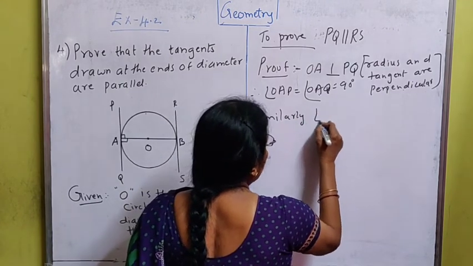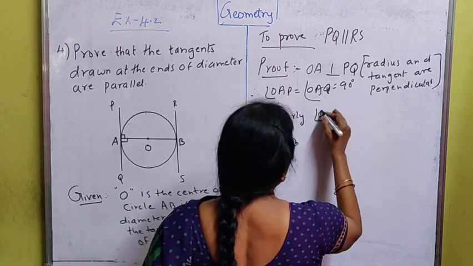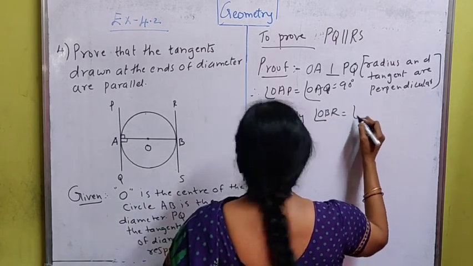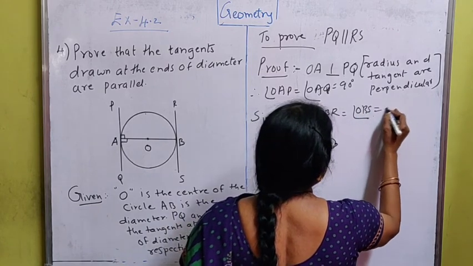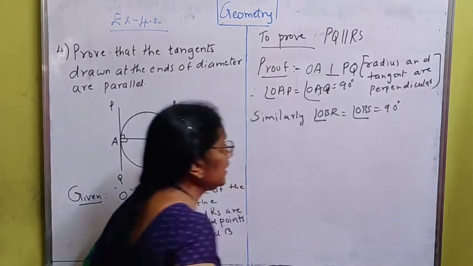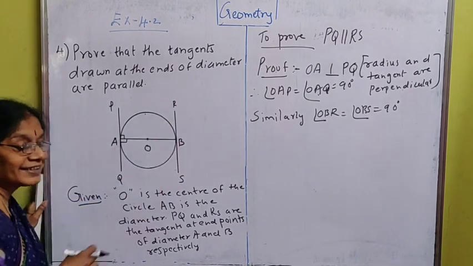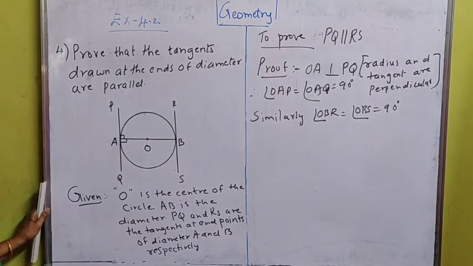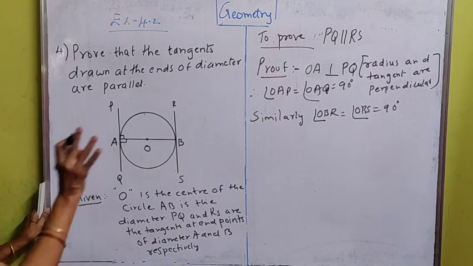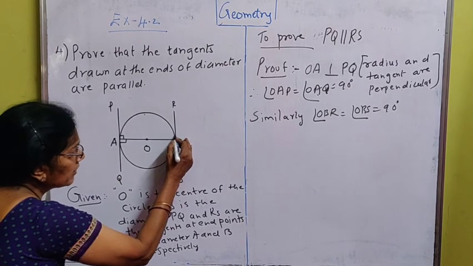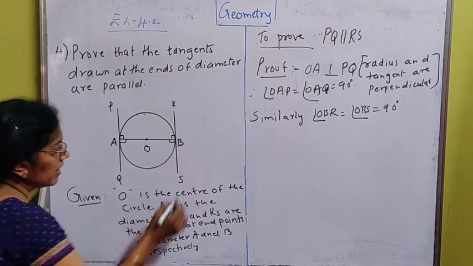OB is the radius and RS is the tangent, same reason. Now look here. So this also became 90 degree and this also became 90 degree.